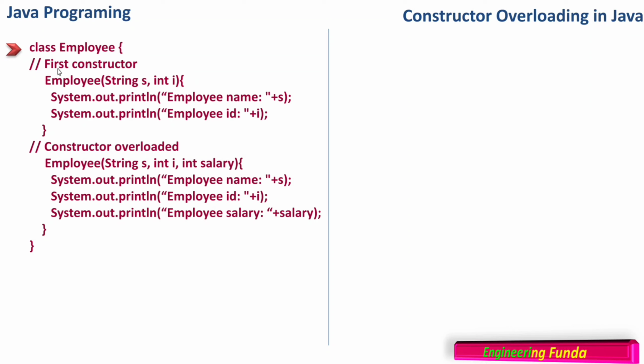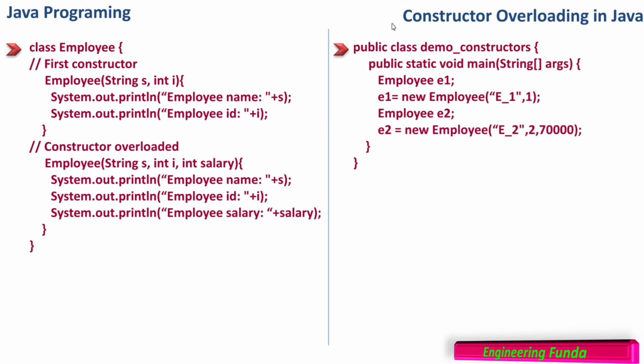Since there is no salary parameter defined in the first constructor, we have removed that statement, and now we have another employee class with two constructors, two arguments in the first one and three arguments in the second one. Now we have public class demo constructor, in which we have public static void main.